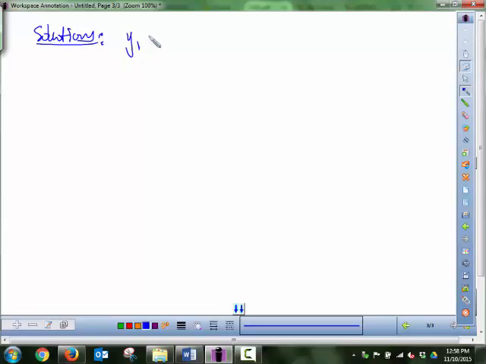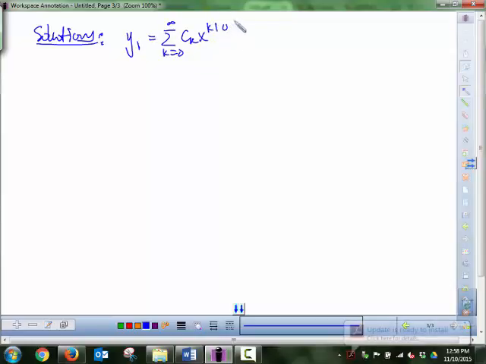Let's say r equal to 0 is what we use for y1. Your solution just would be a regular power series like we've seen before, plus 0. I'll put a plus 0 here just so we can make a point of saying that we're using Frobenius.